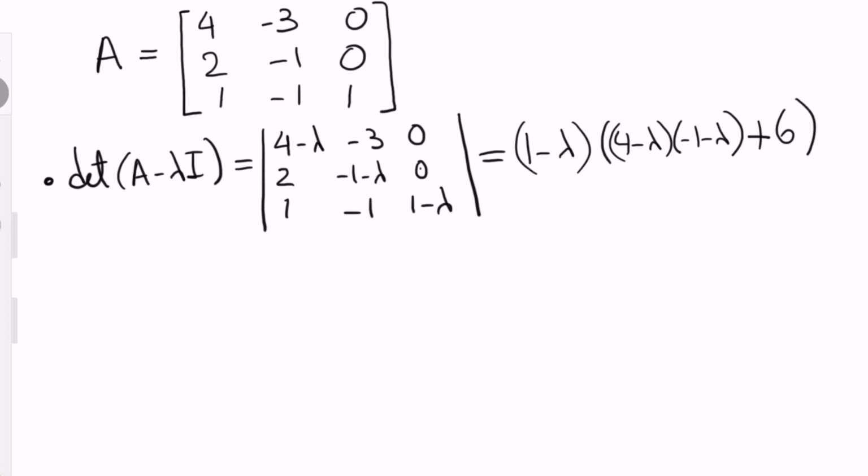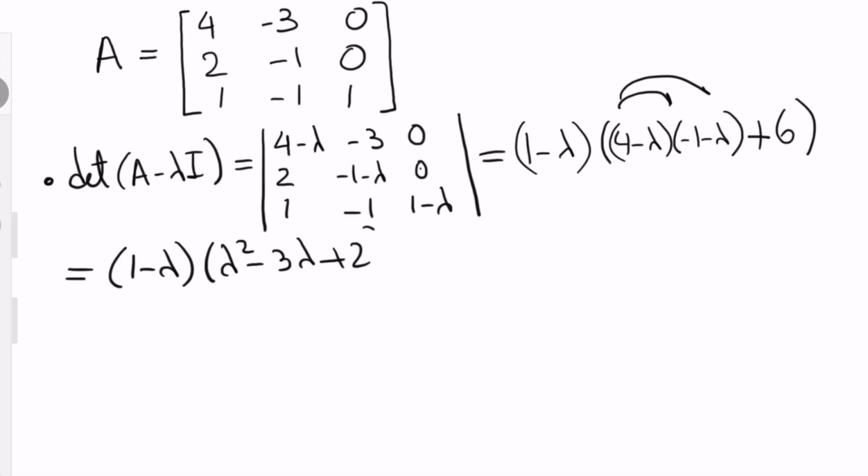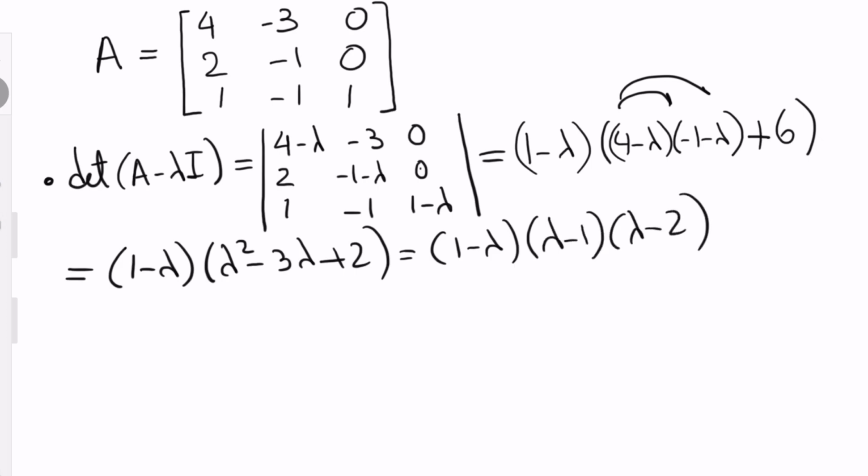Okay, so we do these multiplications, and this determinant is 1 minus lambda times, we distribute it here, combine like terms, and we obtain lambda squared minus 3 lambda plus 2. That we can actually factor further, and this is lambda minus 1, lambda minus 2.